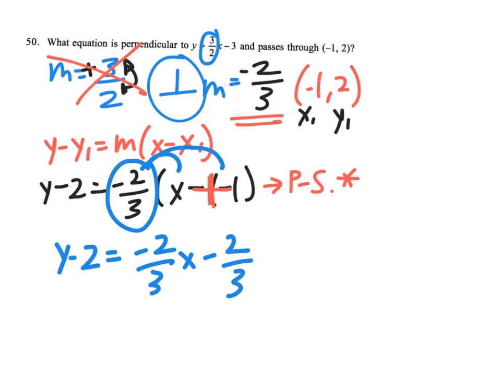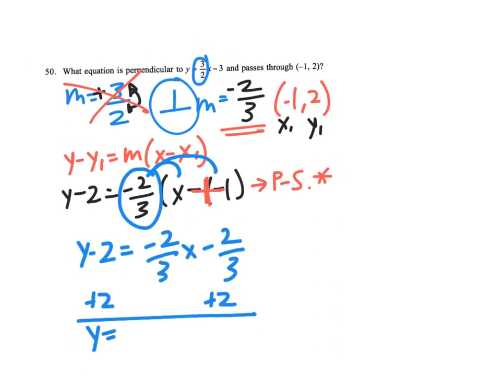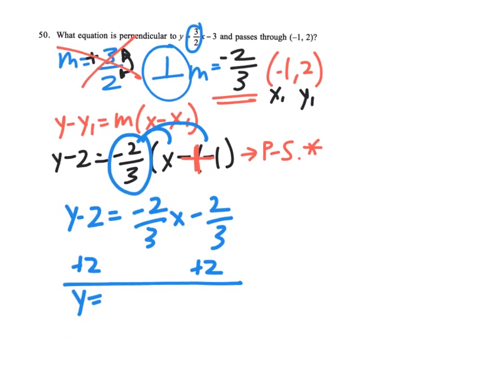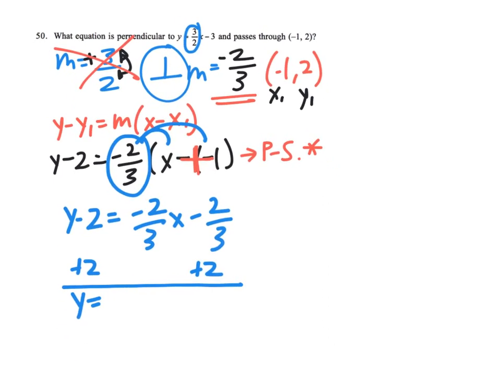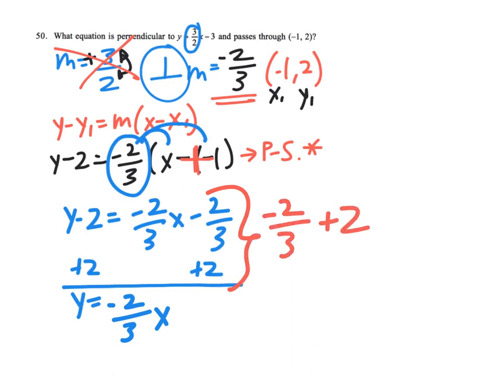And then to get rid of my negative 2, we're going to add 2 to both sides, plus 2. So we'd have y equals, I'm going to zoom a little more so I have some more space. Y equals negative 2 over 3x. And now over here, we need to do negative 2 over 3 plus 2.